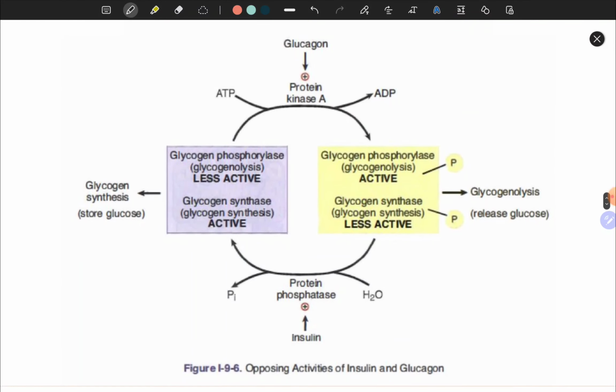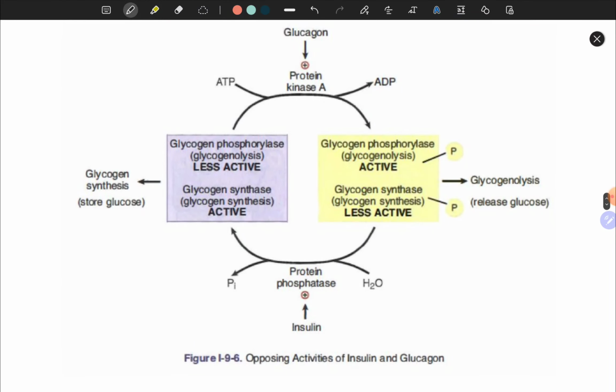Phosphorylation and dephosphorylation will activate some enzymes, like this one, glucagon. Glucagon will phosphorylate an enzyme called glycogen phosphorylase, which becomes active, while glycogen synthase becomes less active.